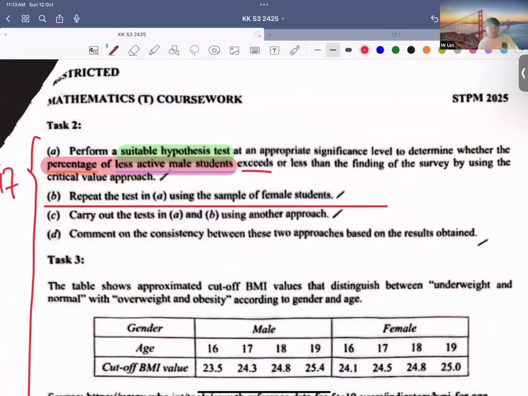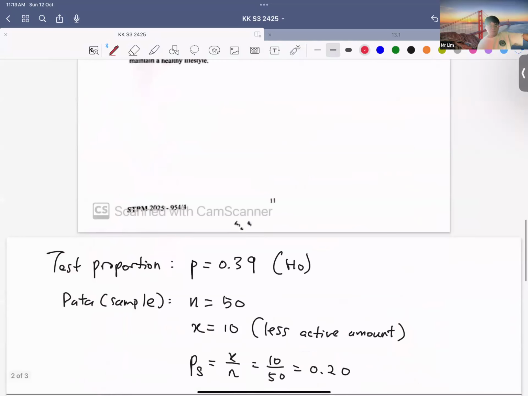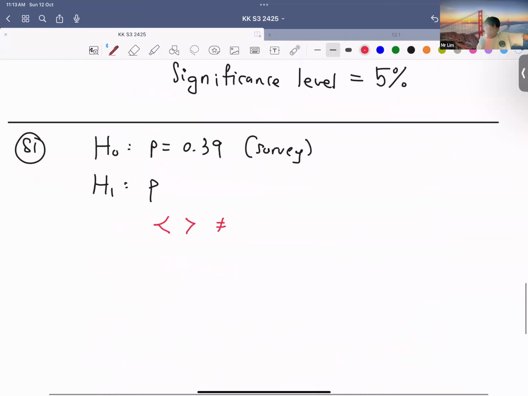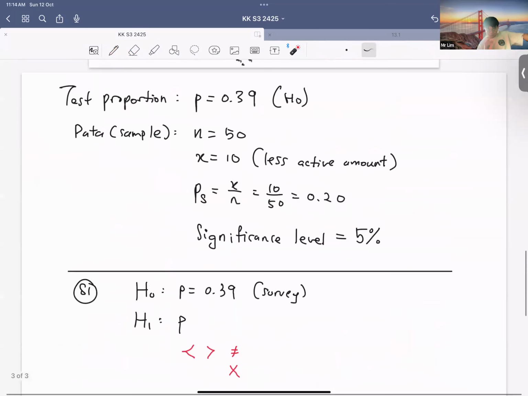The keyword is exceed or less. You can only choose one. You cannot say not equal. It's either more than or less than. Which one do you want to choose? Which of these do you think is the correct one?